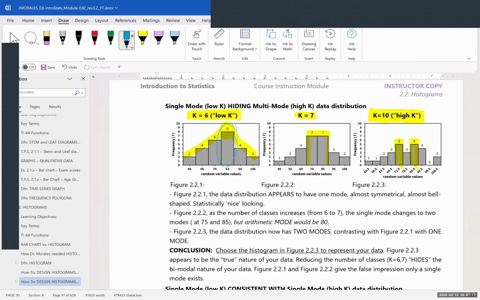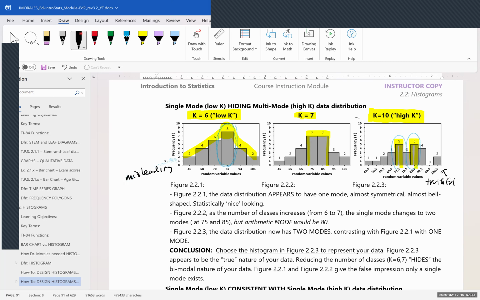We don't have a single mode. We actually have two modes in our data. So if you were to choose this histogram to represent your data, this would be misleading. And this one would be more truthful to the data that you've collected.